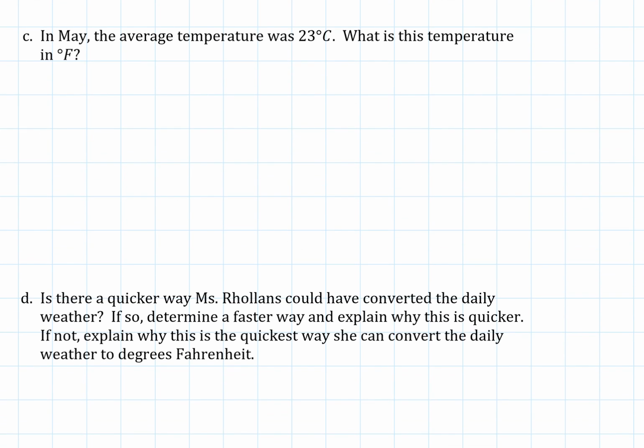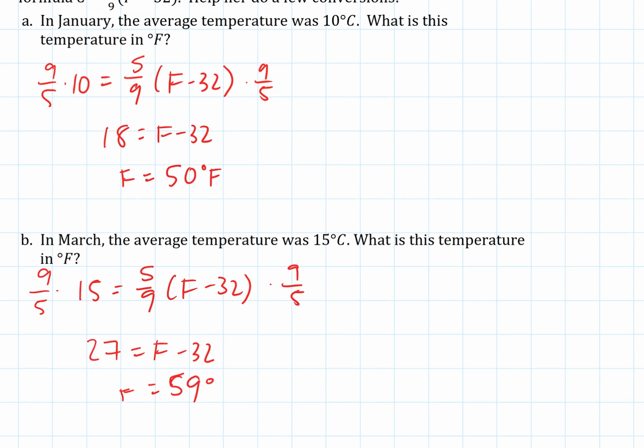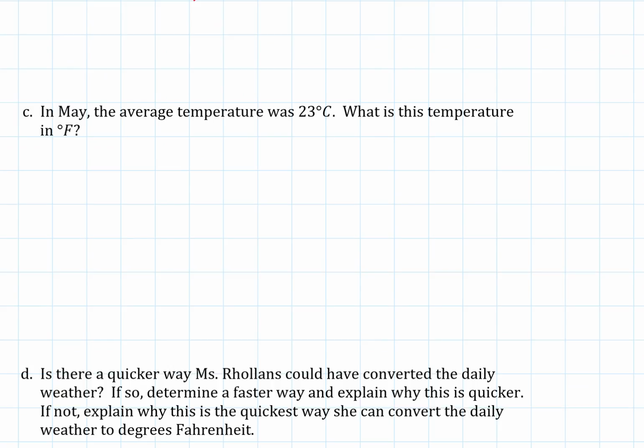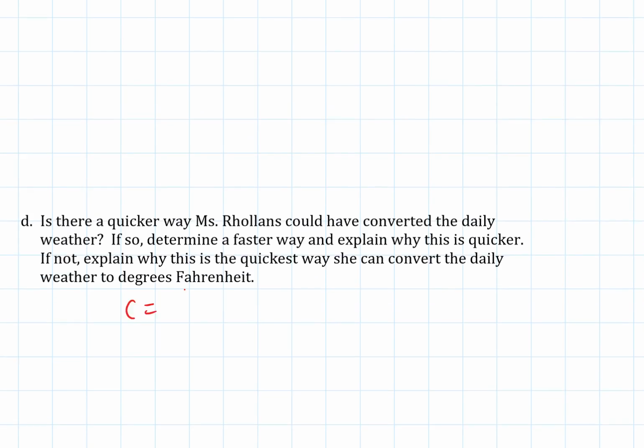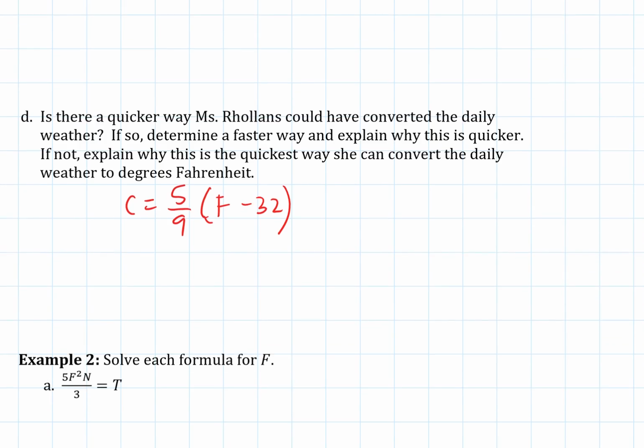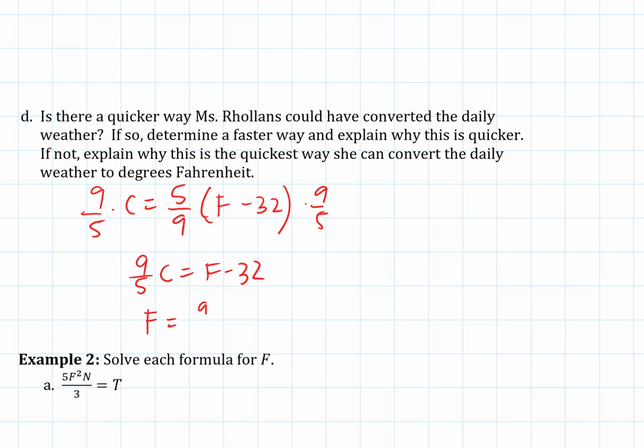If I had taken this original equation, C equals 5/9 times (F minus 32), this original formula, sorry, it's a formula because you're relating degrees Celsius and degrees Fahrenheit. If you had just solved for F in the first place, now I have 9/5 C is F minus 32. So F must be 9/5 C plus 32.